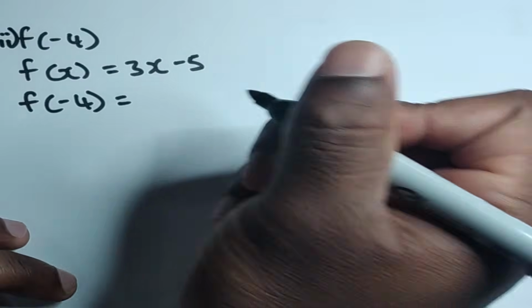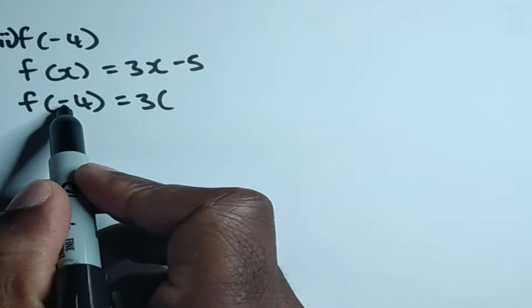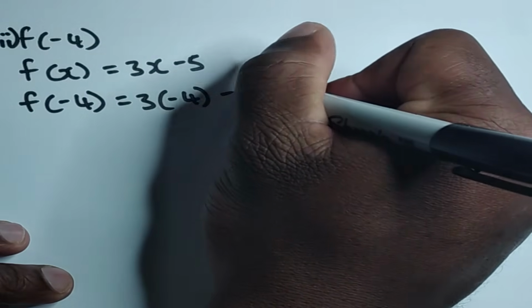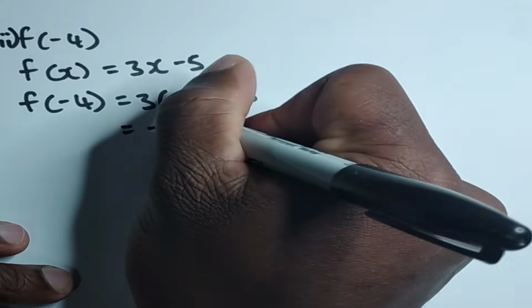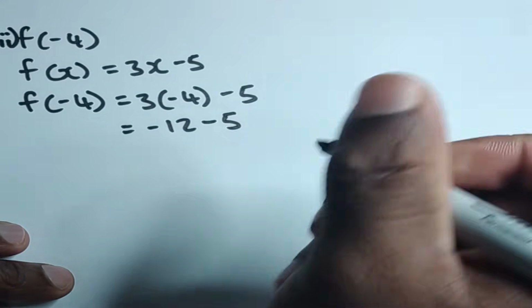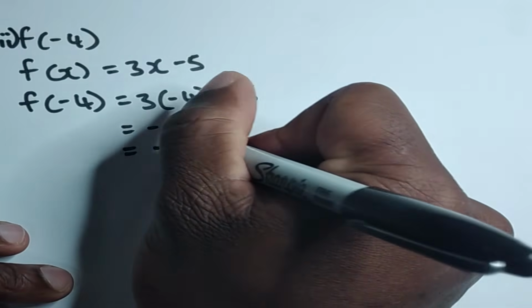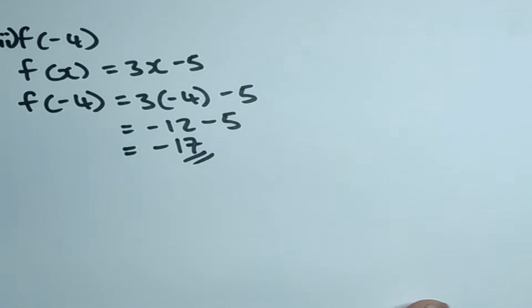It's very easy. We have 3, and wherever we have x, we replace x with negative 4, minus 5. So 3 times negative 4 is negative 12, minus 5, which gives us negative 17. In this case, this is our solution.